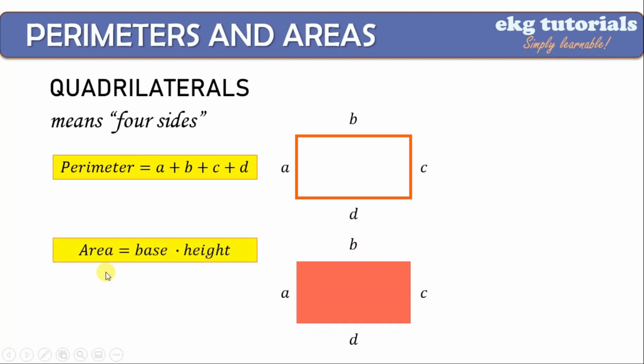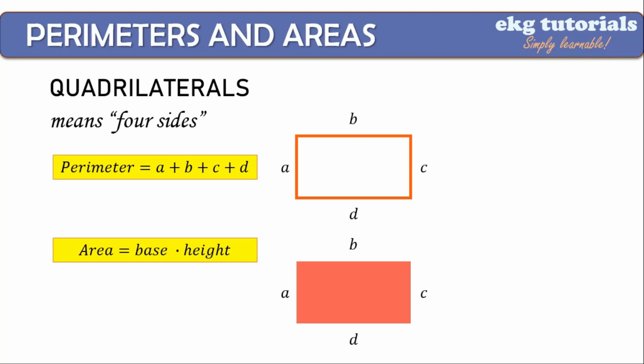The area is equal to base times height. No, wait. Parang familiar sa pandinig. Base times height. Kung alala nyo kanina, yung formula for the area ng triangle is 1/2 base times height.